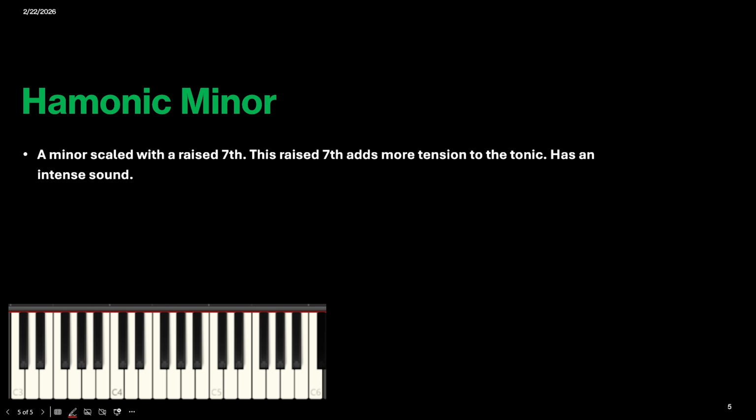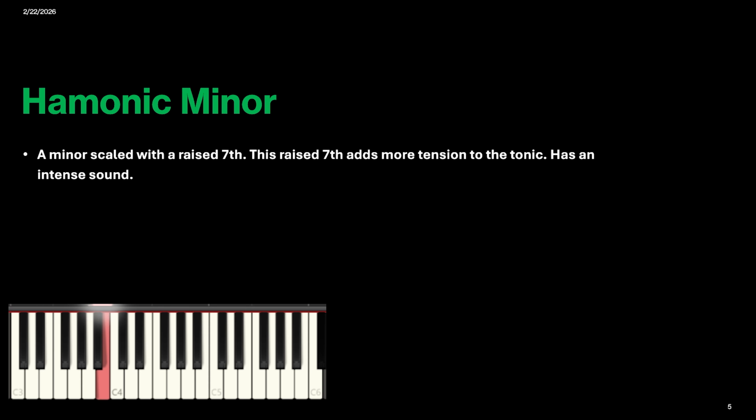Okay, and the last scale we have is the harmonic minor scale. This is a minor scale with the raised seventh, and this raised seventh adds a lot of tension towards the tonic. It's a strong pull towards the note. And it has an intense sound. I'll show you what I mean with that raised seventh adding tension. But first, I'm just going to play it regularly. Now I'm going to play it and show you what I mean by an intense pull.